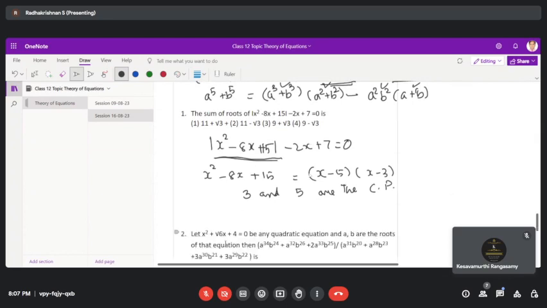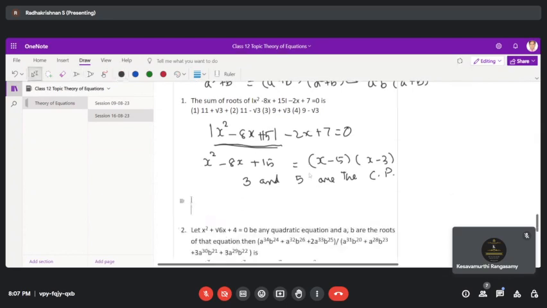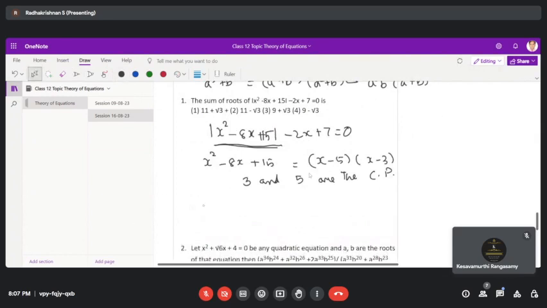That means when x is less than or equal to 3, or 5 to infinity. Okay.